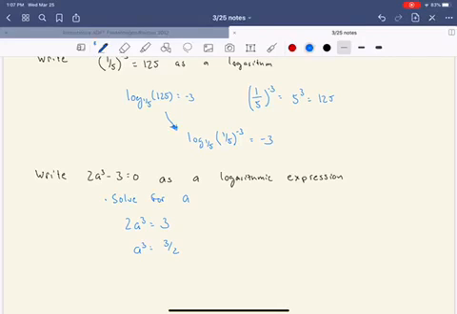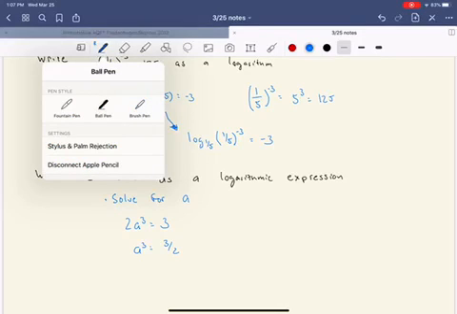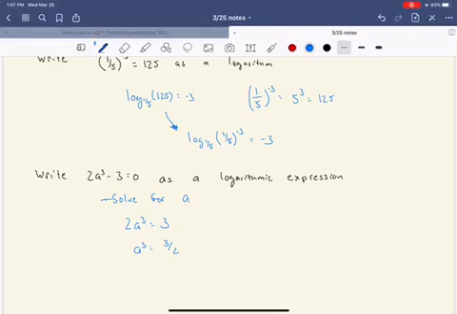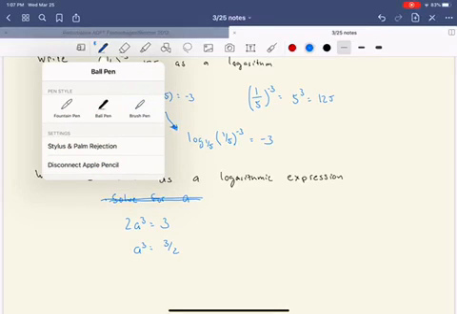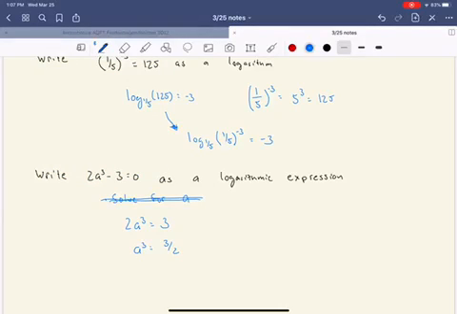Now, actually, we're not really solving for a, because now we want to write it as a logarithmic expression. So here we are at the point where we can make this a logarithmic expression. Log base a of 3 halves equals 3.